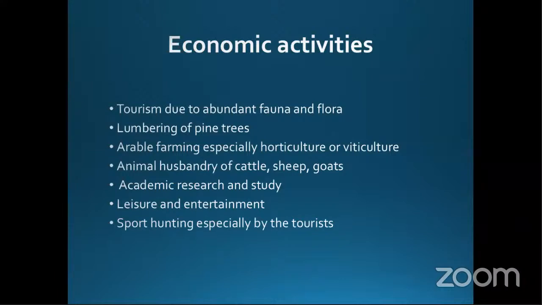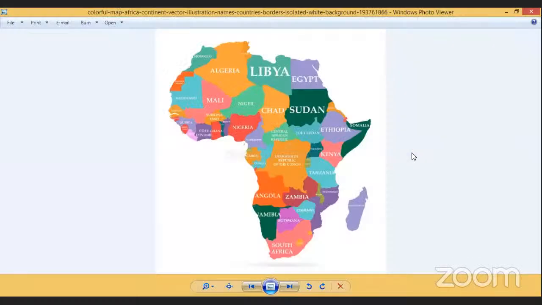Mr. Kakuru showed you where we can locate the Mediterranean type of vegetation. It is found at the two extreme ends of Africa.